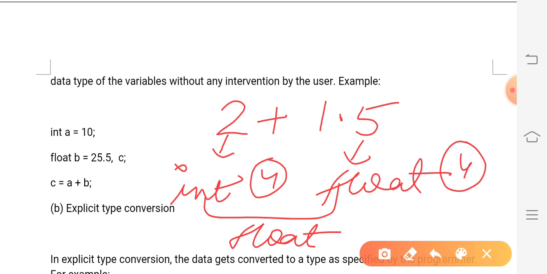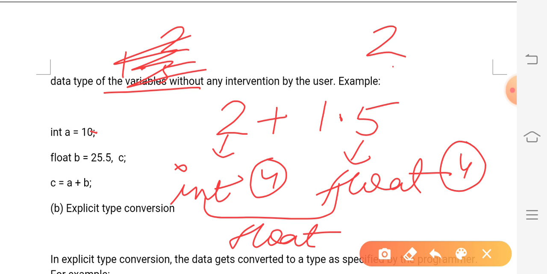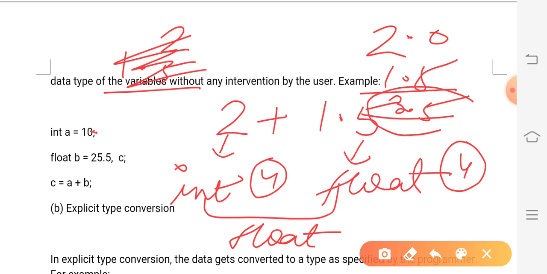Because when you add 2 and 1.5, 2 becomes 2.0, so the answer will be 3.5, right? So the answer is coming in what? Point, meaning fractional numbers. So integer plus float, answer will be in float. So here C I have taken as float type. Okay.